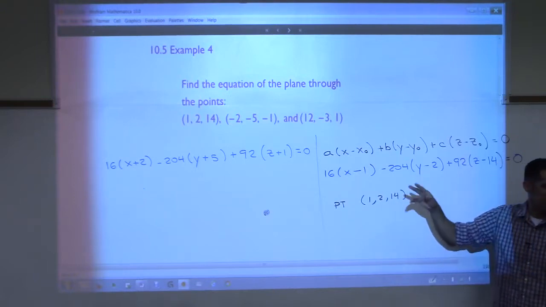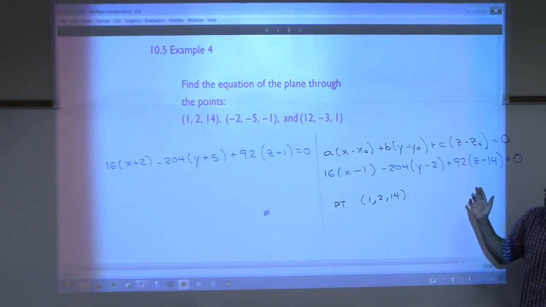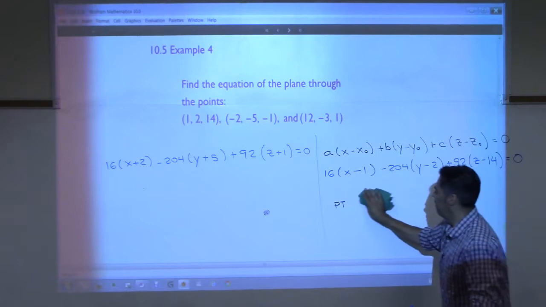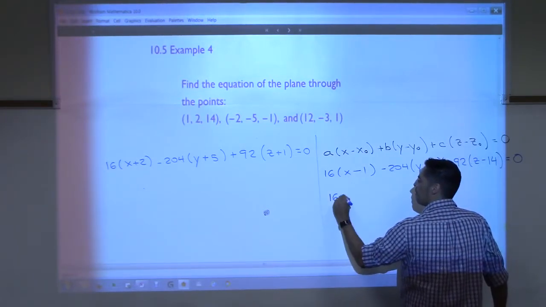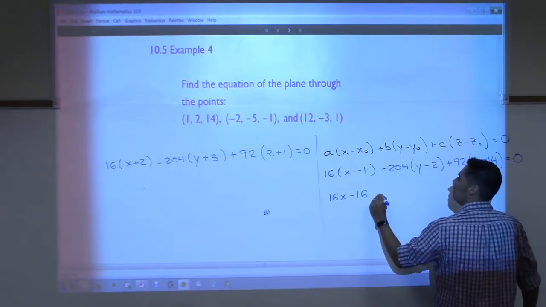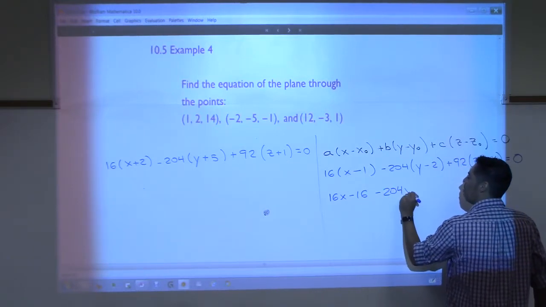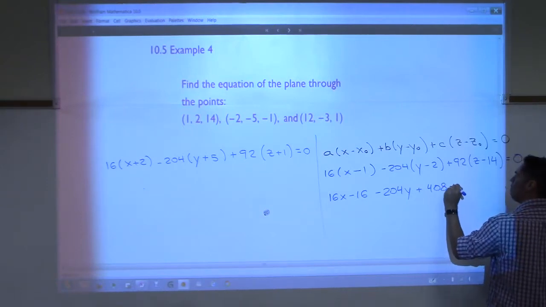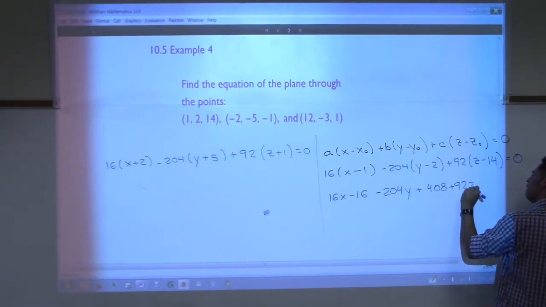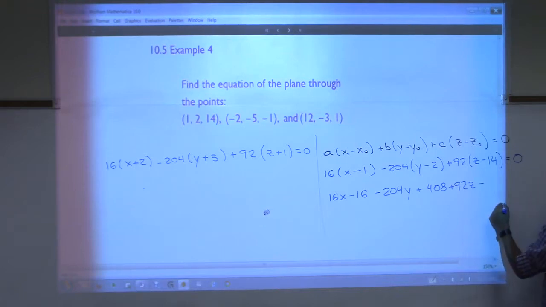Now, the only way to check it is to multiply through. So let's do this one. I'm going to need someone with a calculator. 16x minus 16, minus 204y plus 408, plus 92z, and then minus, what's this? 1288 equals 0.